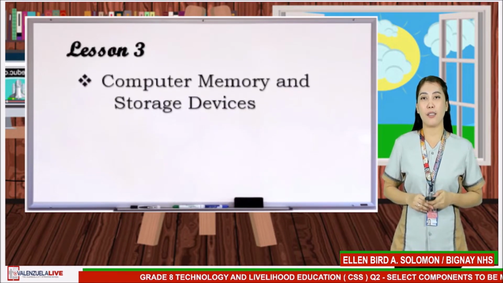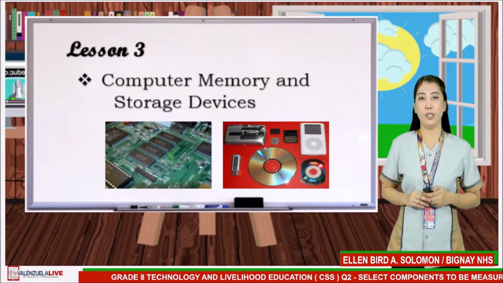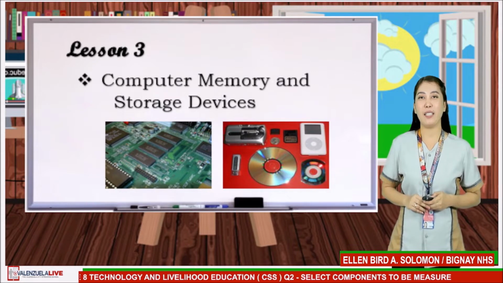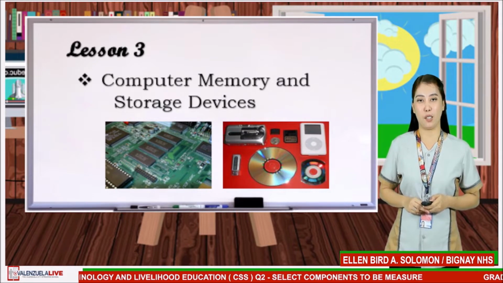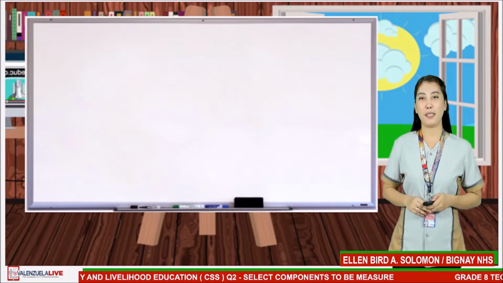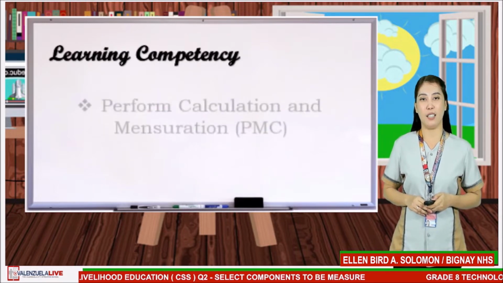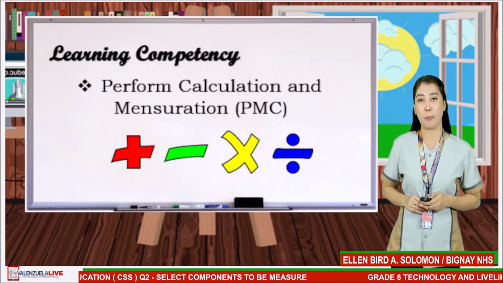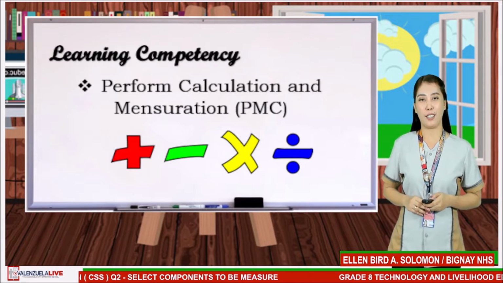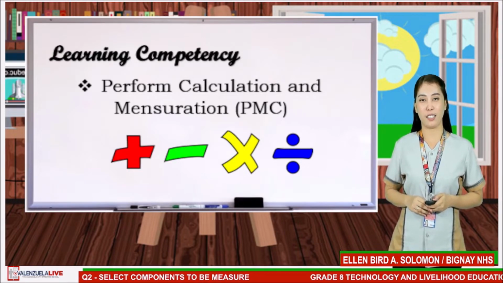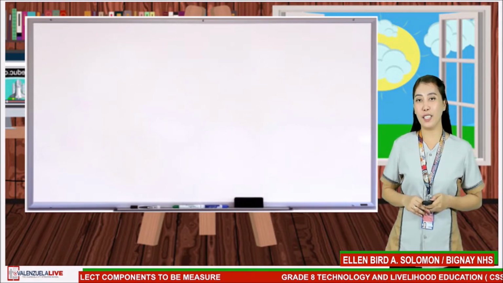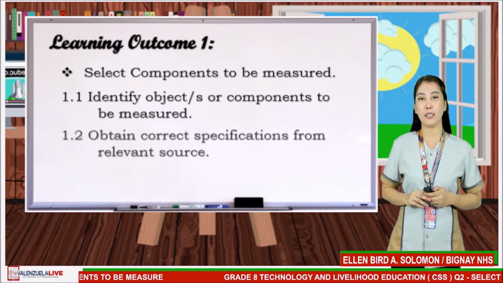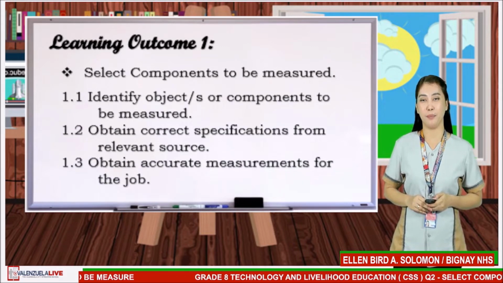Today marks the third lesson for this quarter, which is computer memory and storage devices. Based on BELC's most essential learning competencies, today's lesson is with learning competency, perform calculation and mensuration. Under learning outcome 1, select components to be measured.